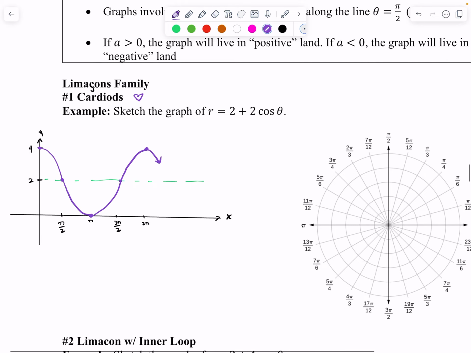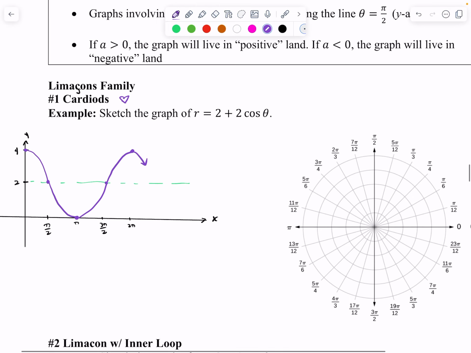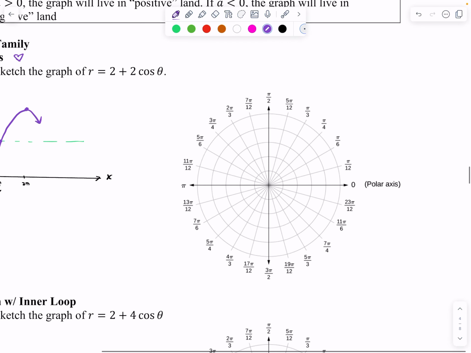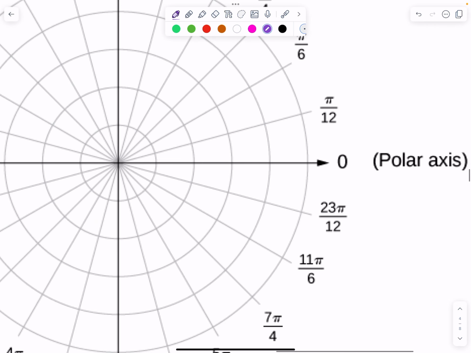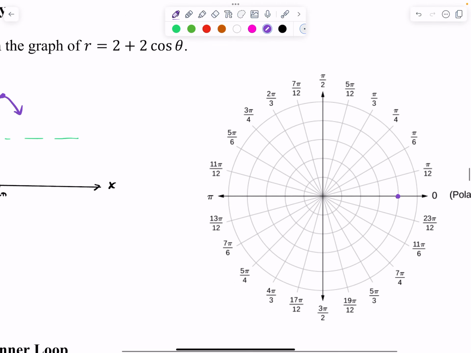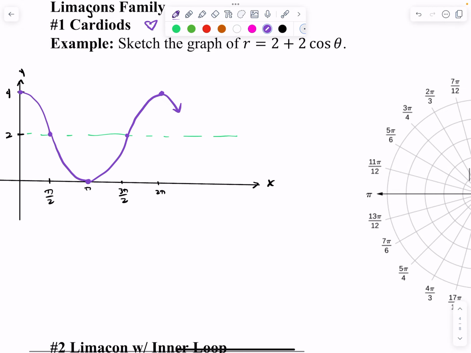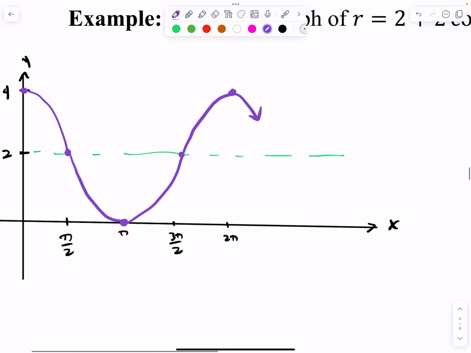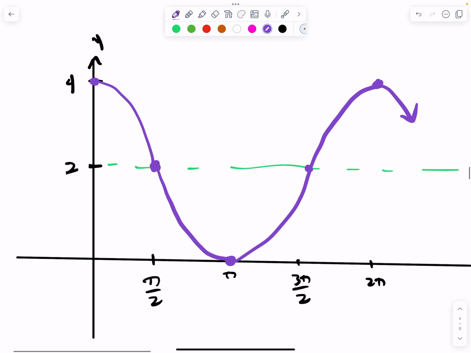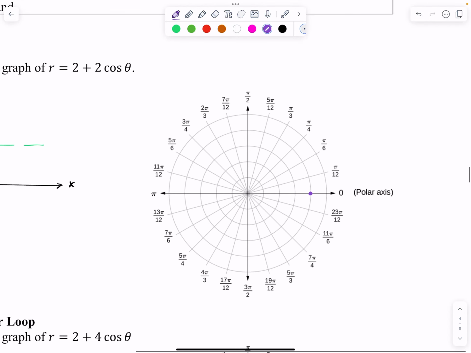Okay, so referencing this, whenever theta is 0, r will be 4. 1, 2, 3, 4. Okay, whenever theta is pi over 2, r will be 2. I'm looking at this point here, it's on the midline.